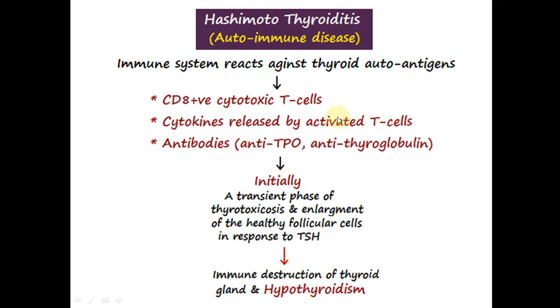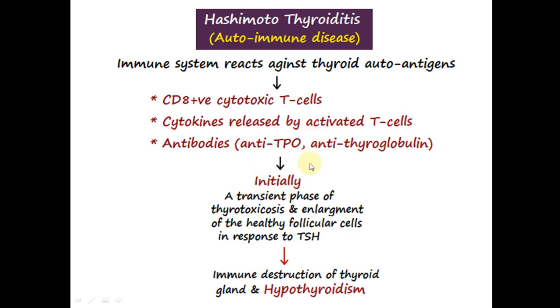Moreover, the CD8 positive cytotoxic T cells are also involved in the destruction of the thyroid gland, and the autoimmune reaction and the antigen presenting cells also activate the B lymphocytes that are converted into plasma cells, and they secrete antibodies, particularly the anti-thyroid peroxidase antibodies and the anti-thyroglobulin antibodies, and they cause antibody mediated destruction of the thyroid gland.